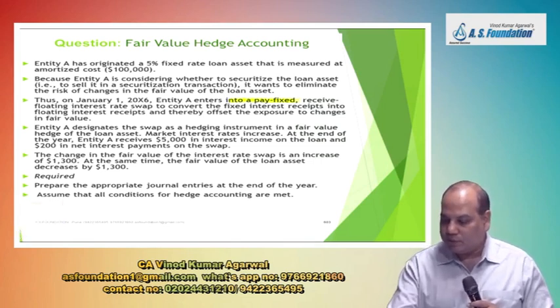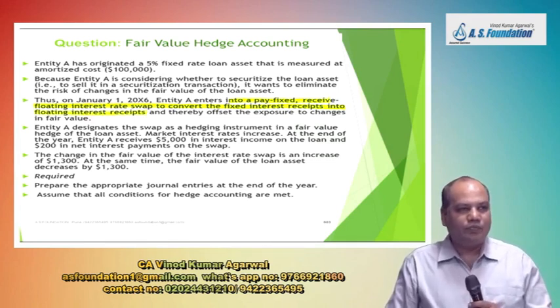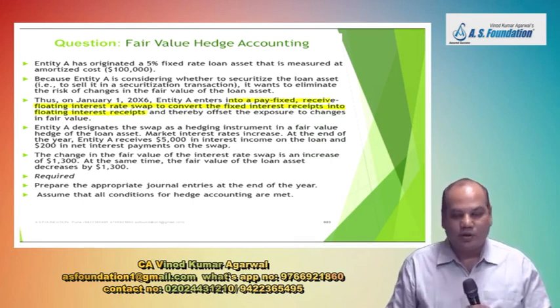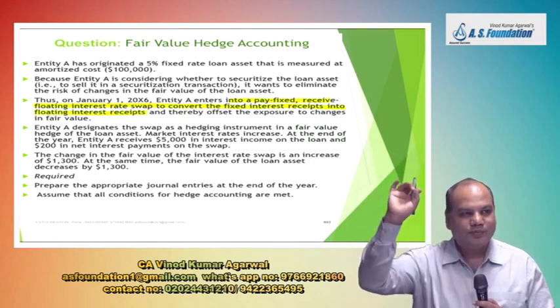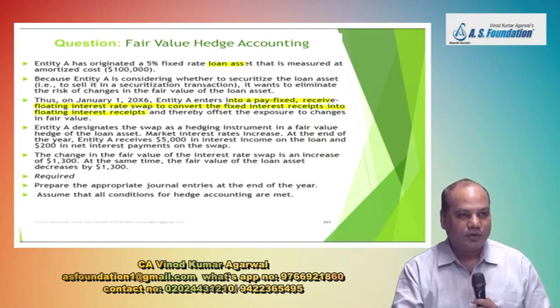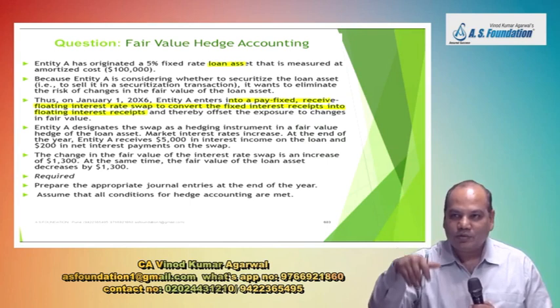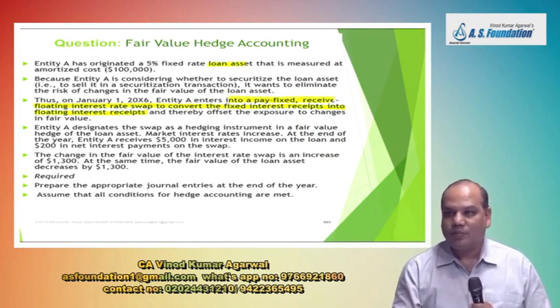You will pay fixed rate and you will receive floating rate. So you have converted your fixed rate receipt into floating rate receipt. What is the strategy behind it? If the market rate of interest goes up, there will be a loss in the value of the loan asset. Higher the market rate of interest, lower the value. But there will be a gain on this swap.